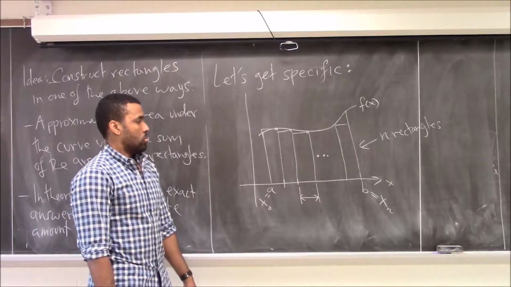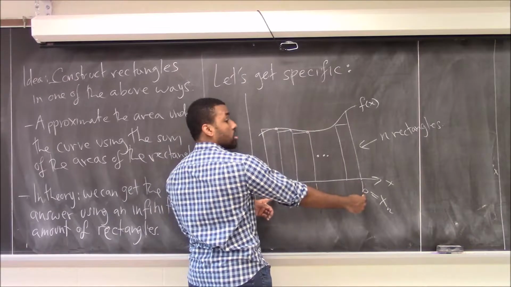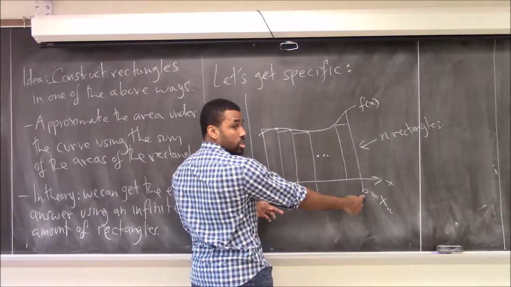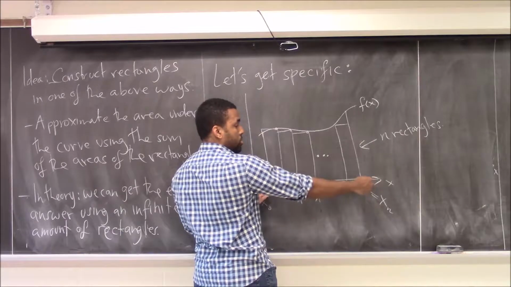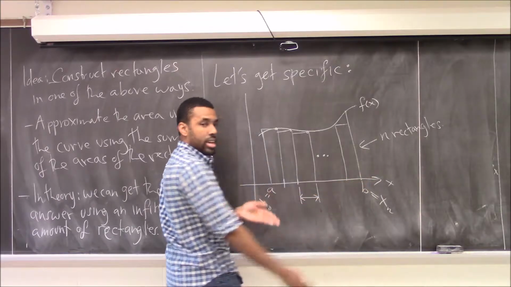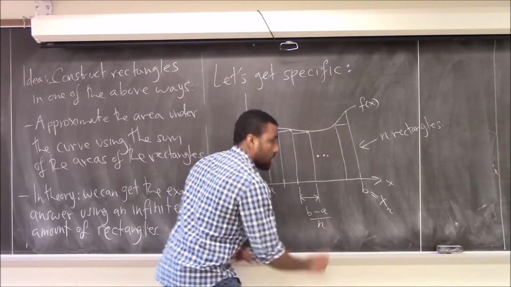What's the length of this here? If I want to measure this horizontal distance, what's it going to be? B minus A. So I'm taking the length of B minus A, and dividing it into n equal pieces. So the length here is going to be B minus A over n.